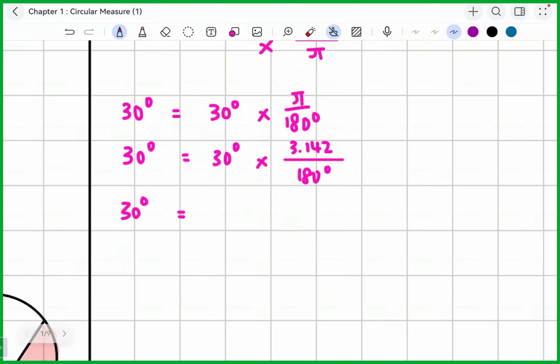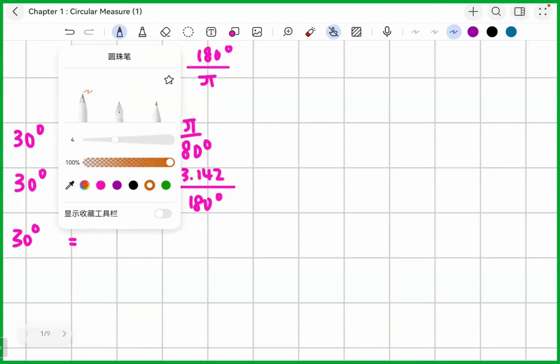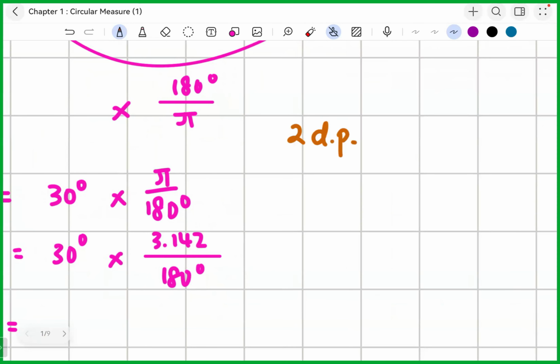You will now get a long number with so many decimals. In maths, you have a rule to follow: 2 decimal places plus 4 significant figures. You have to fulfill these two conditions so that your answer is correct when it is a long decimal.